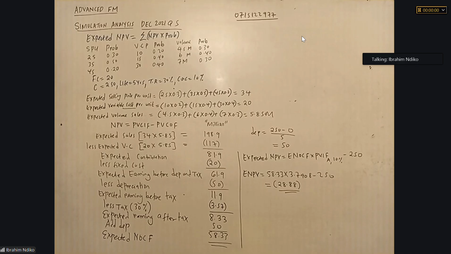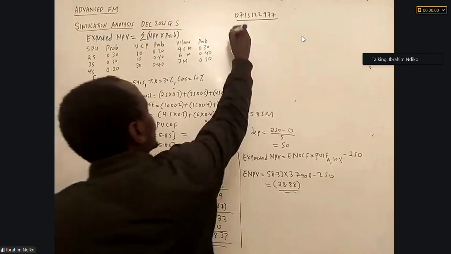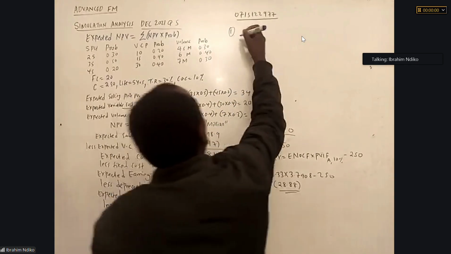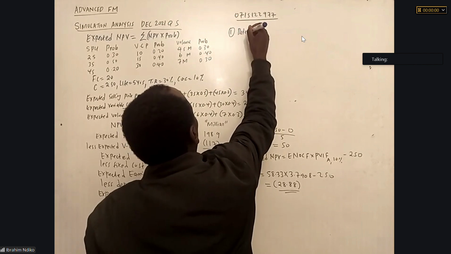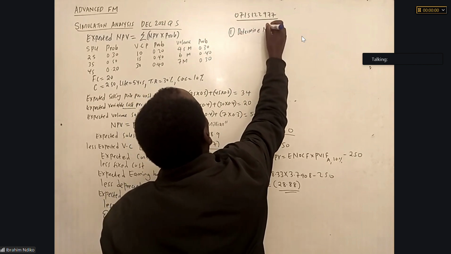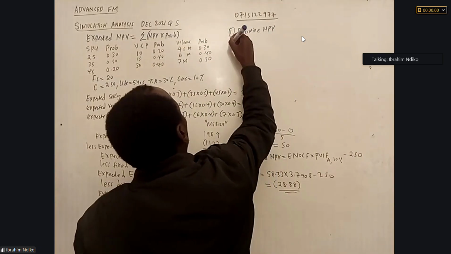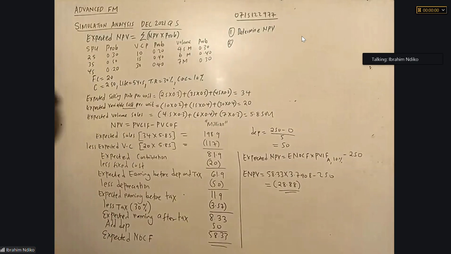So for simulation part, step 1, we said we do what? Step 1 ndio hapo. Determine NPV. Kwa sawa? Yes. Then step number 2. Step number 2 is to determine the distribution probability.